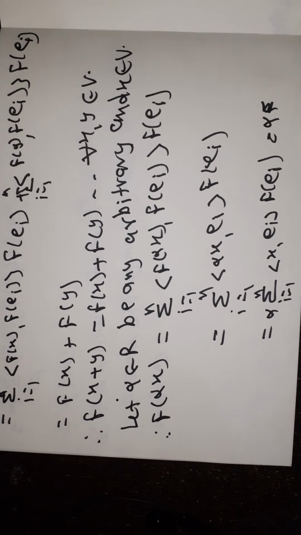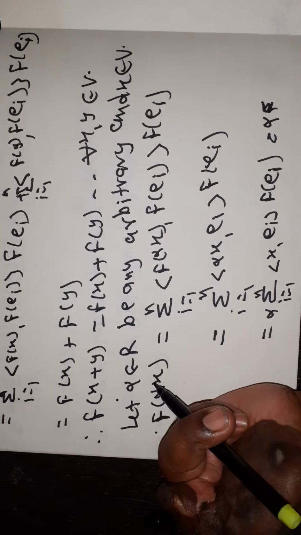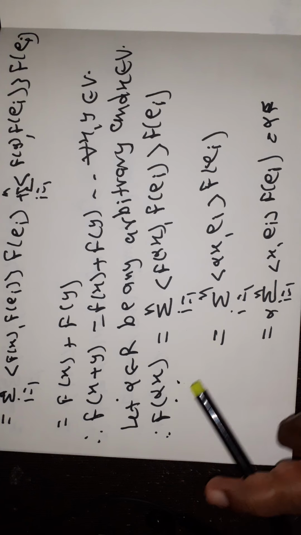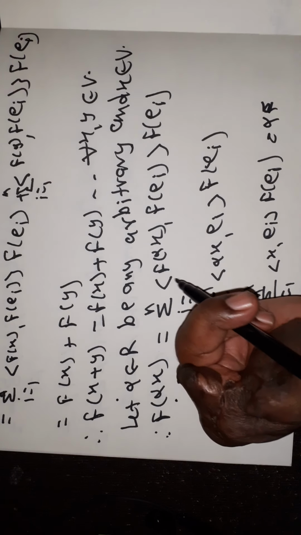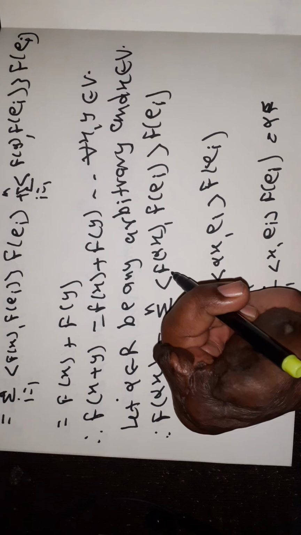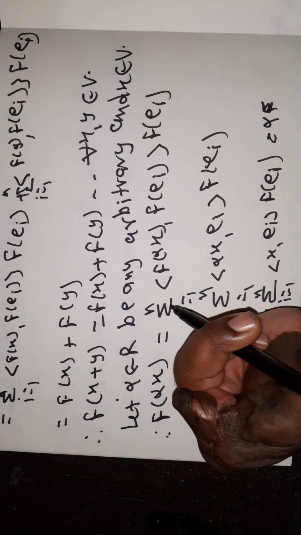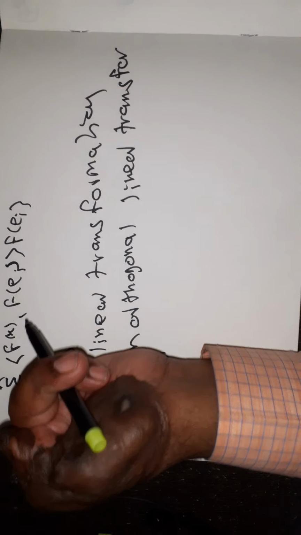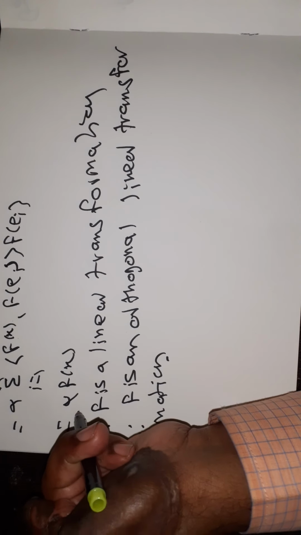Now let alpha belong to R be arbitrary and x belong to V. By previous discussion, f(alpha x) is equal to the sum of the inner product of f(alpha x) and f(ei) times f(ei), i goes from 1 to n, which is equal to the sum of the inner product of alpha x and f(ei) times f(ei), which is equal to alpha times the sum of the inner product of x and f(ei) times f(ei), which is equal to alpha times the sum of the inner product of f(x) and f(ei) times f(ei), which is equal to alpha f(x).